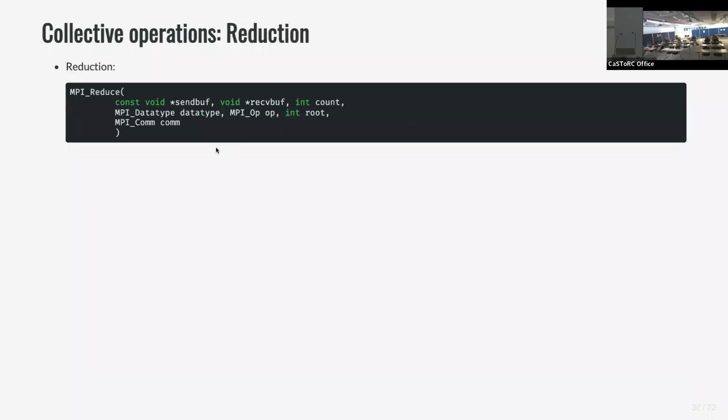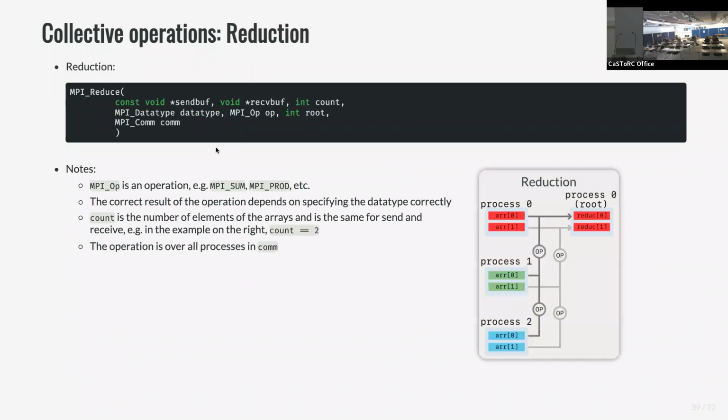Okay, and probably the last thing we will see is this reduction operation. So a reduction is defined like this, and as I said before, a reduction means that, maybe it's easy to see this picture here.